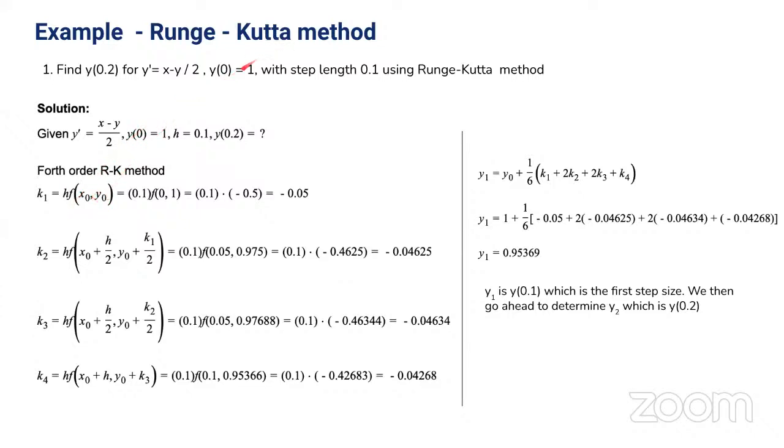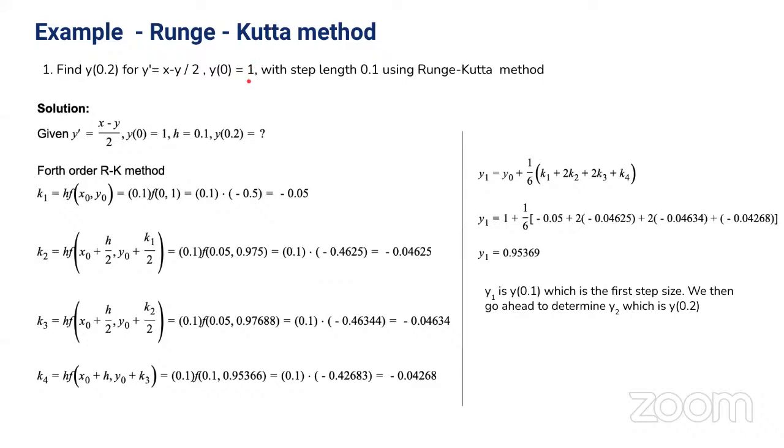Remember, when you see equations of the form y of 0 equals 1, this 0 is our initial condition for x, which is x naught, and this 1 is the initial condition for y, which is y naught.